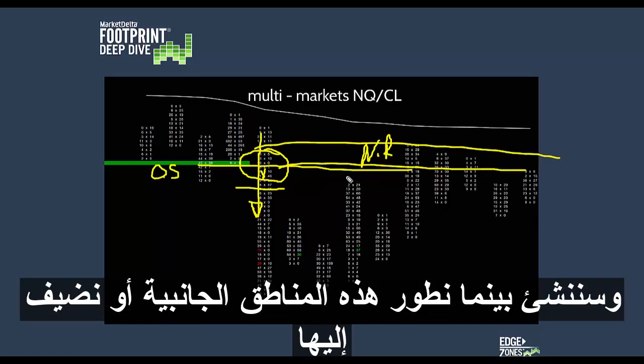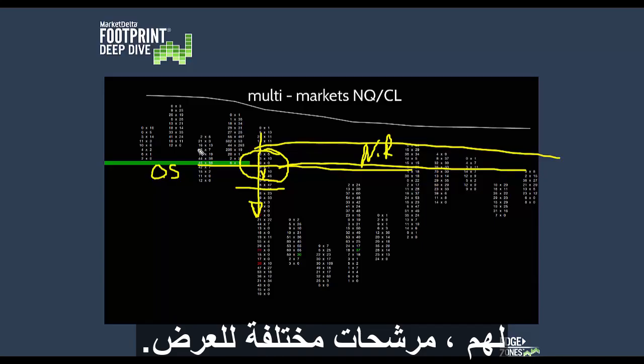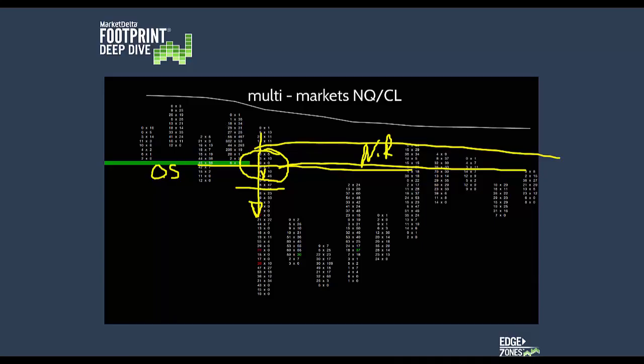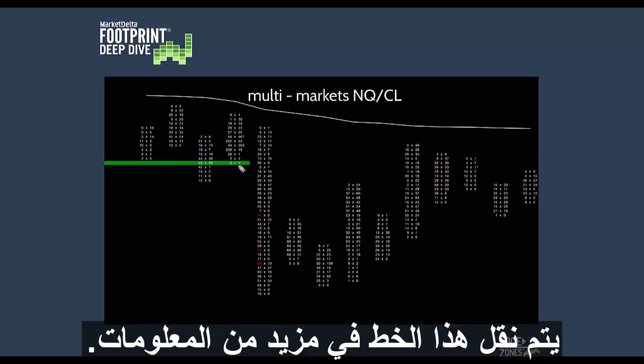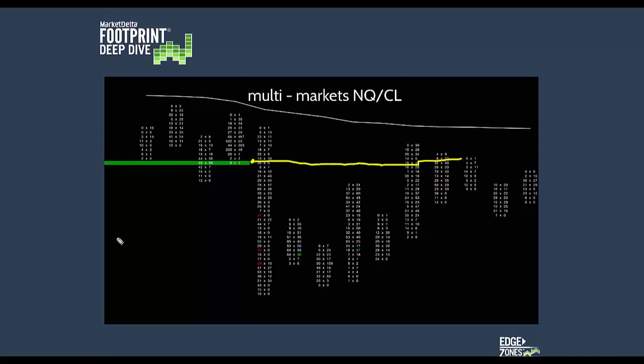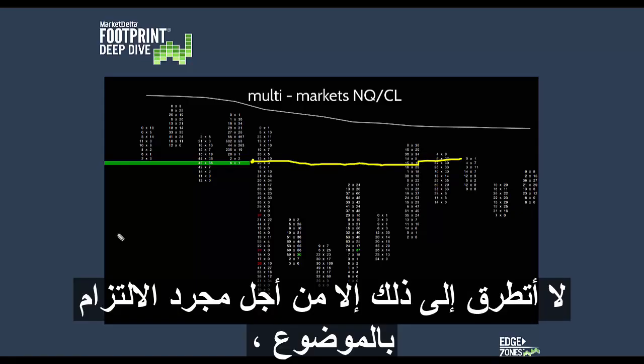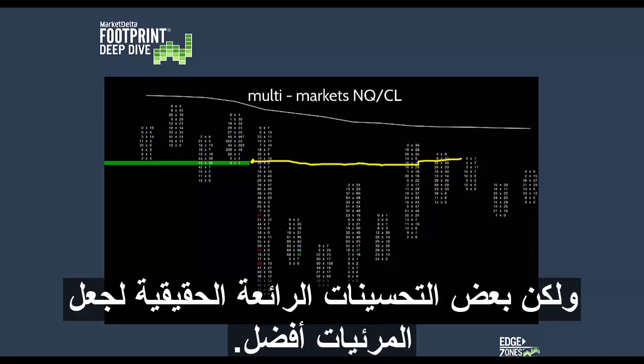And as we develop these edge zones, we're going to add different filters to show this line transferring into more information. I don't want to get into that for the sake of sticking to the topic, but some real cool enhancements to make the visuals even better.